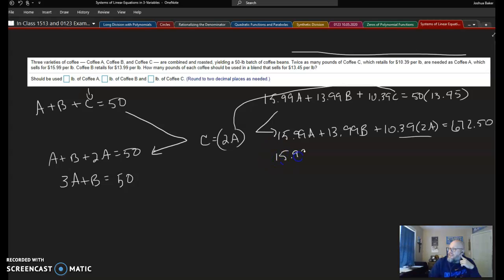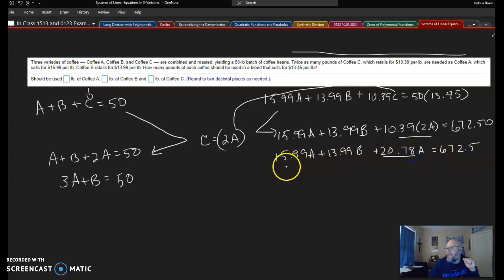Okay. So now let's go ahead and make this multiplication here. This will be 15.99A plus 13.99B. If I multiply 10.39 times 2, I'm going to get $20.78. Okay.